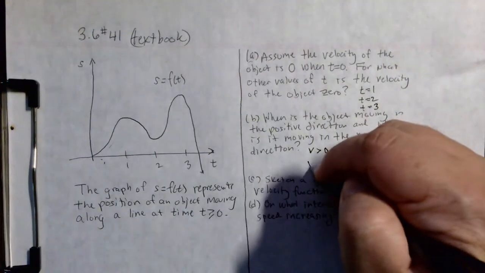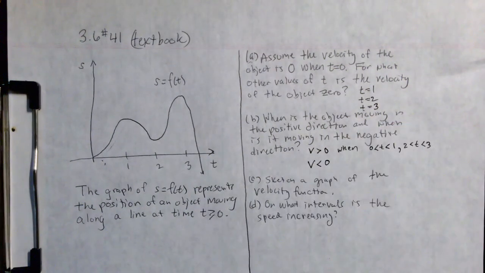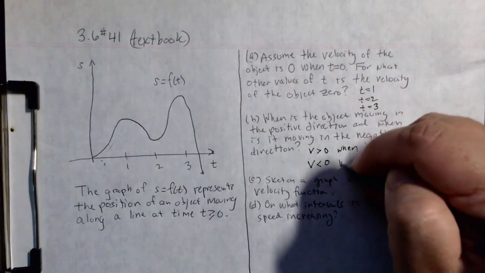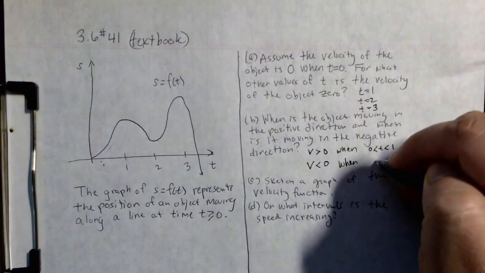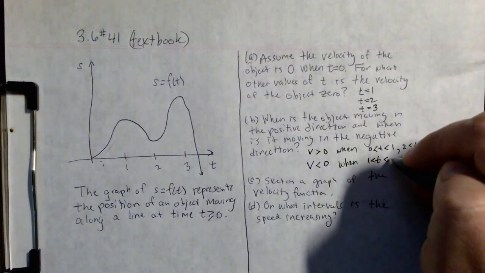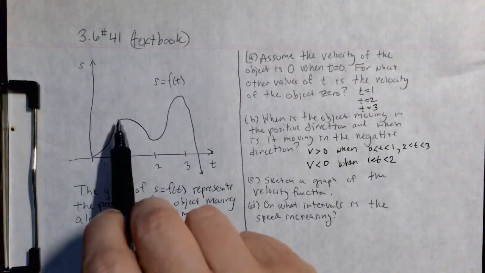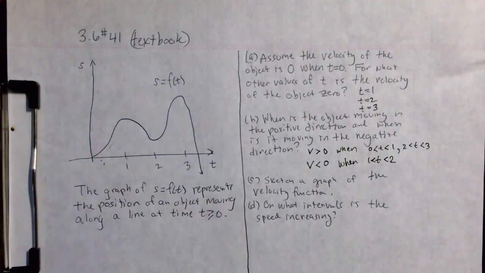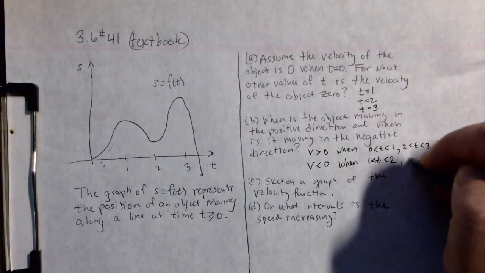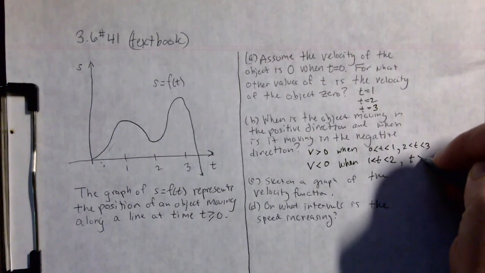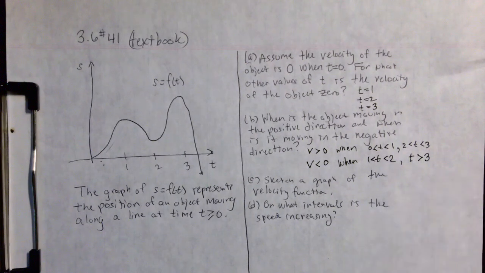And v will be less than 0, that is, the object will be moving in the negative direction, when t is between 1 and 2, when the graph is falling right here, or when t is greater than 3. All right, so again, just like in part A, the important thing to understand is the connection here between position and velocity.